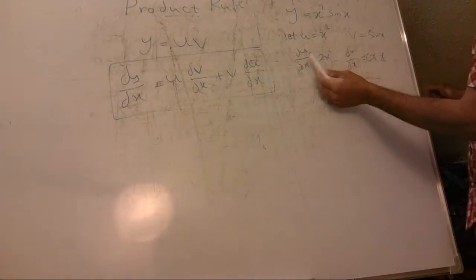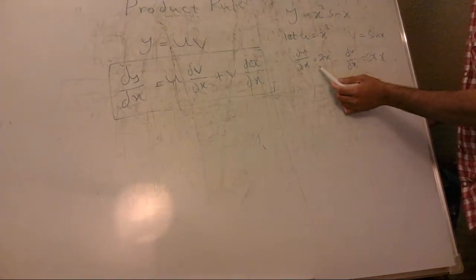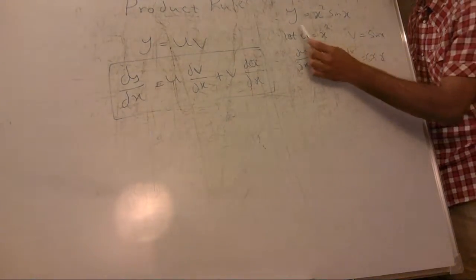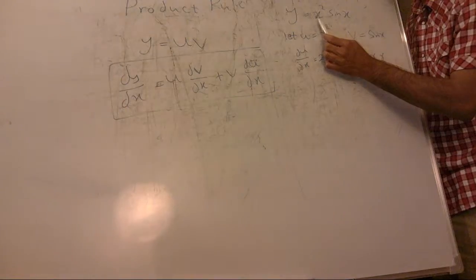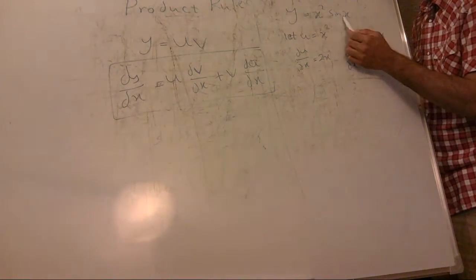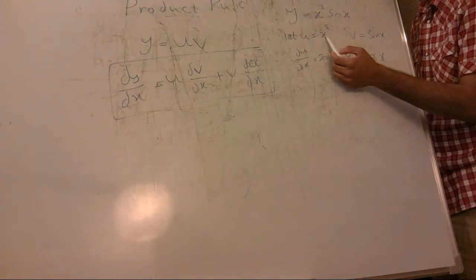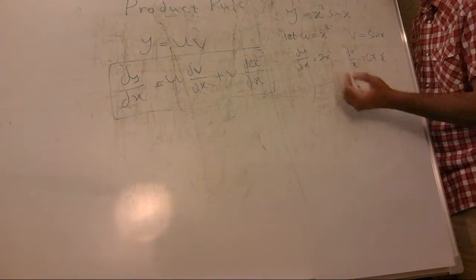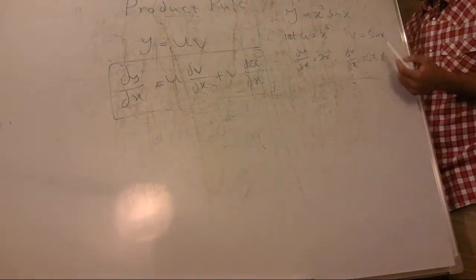So I differentiated each function on its own. So let's go through this. y equals x squared times sine x. x squared is your first function, sine x is the second function, so let u equal x squared, so the derivative of u is 2x. Let v equal sine x, so the derivative of sine x is cos x.